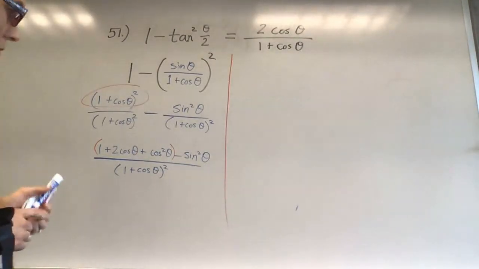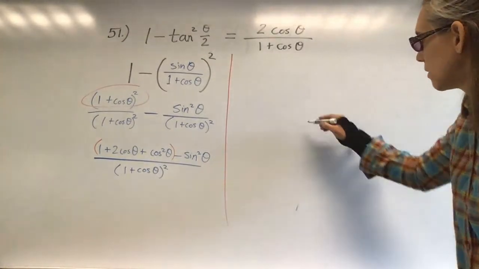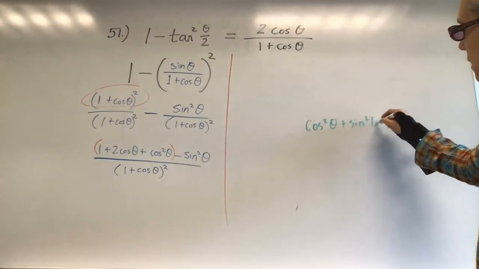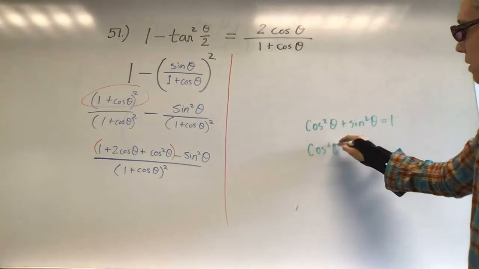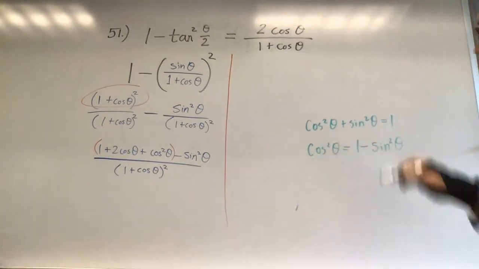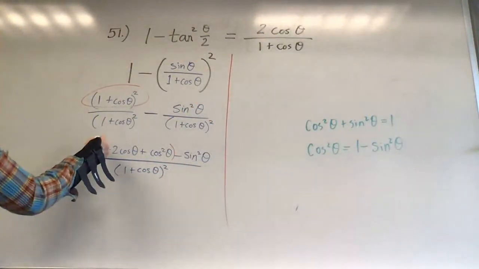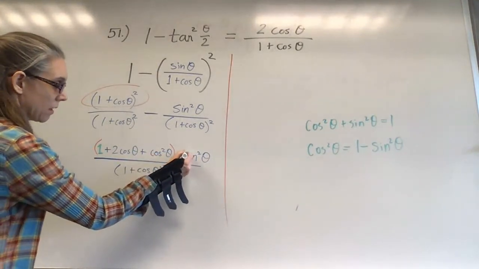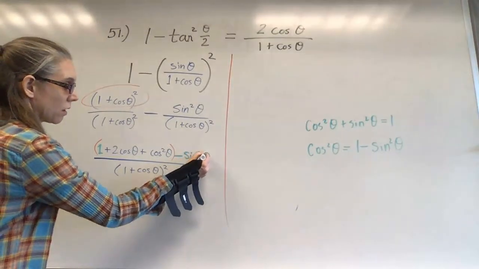Now, one of the things I'm observing is I'm remembering that one of the Pythagorean identities, so the basic cosine squared theta plus sine squared theta is equal to 1, can be rewritten as cosine squared theta is equal to 1 minus sine squared theta. So I have here 1 minus sine squared theta.